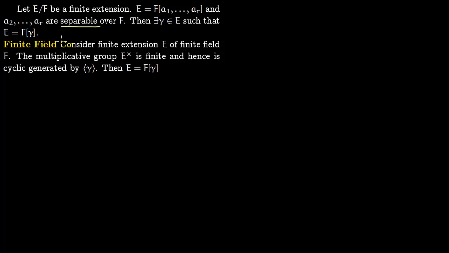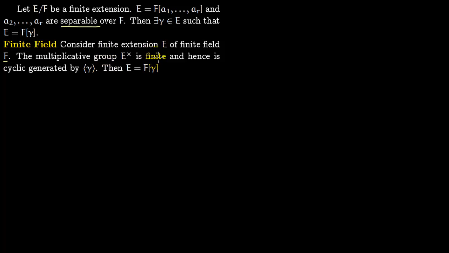The first part is the finite field. Consider a finite extension E of a finite field F. So your base field F is finite. If you have a finite extension, then E will also be finite. Now since E is finite, you consider its multiplicative group. That is, you drop 0 out of E, you have E cross, which is just the multiplicative group, without 0.